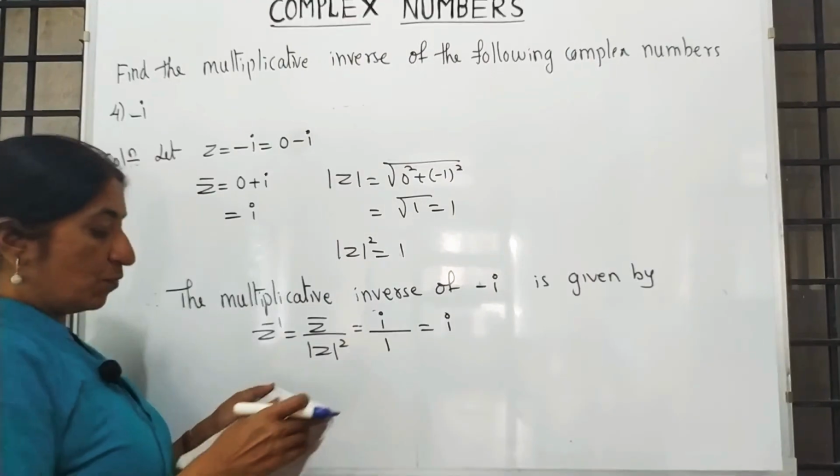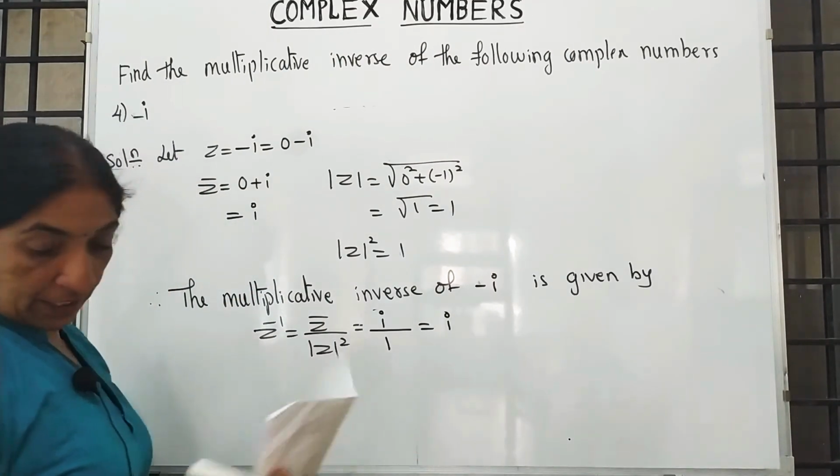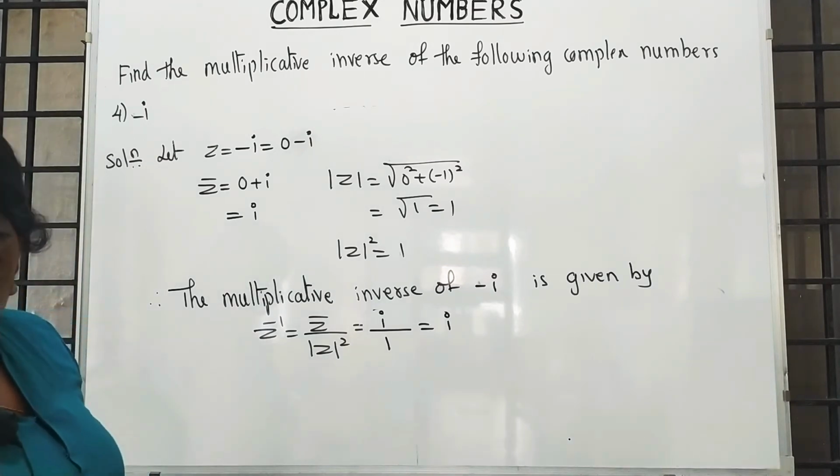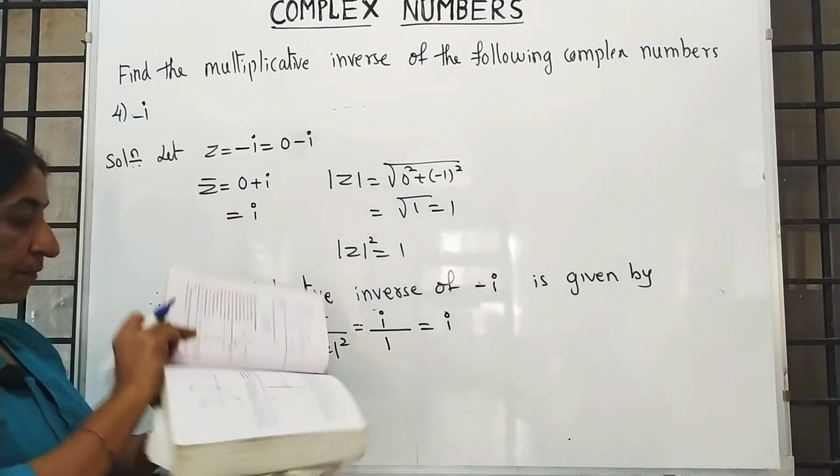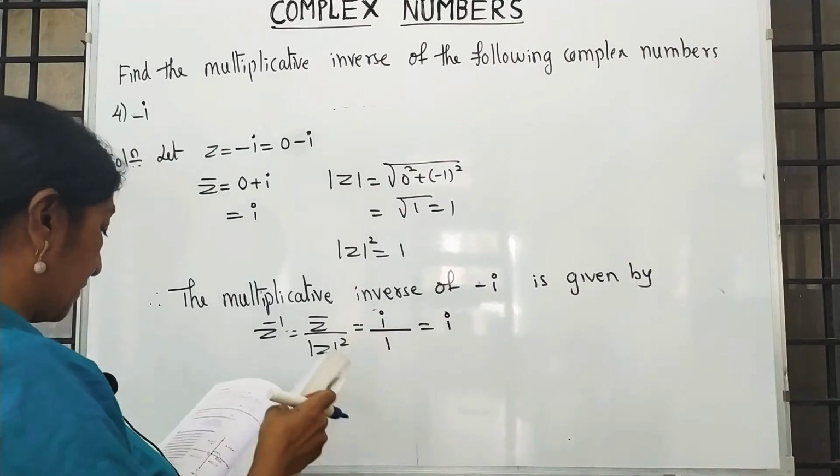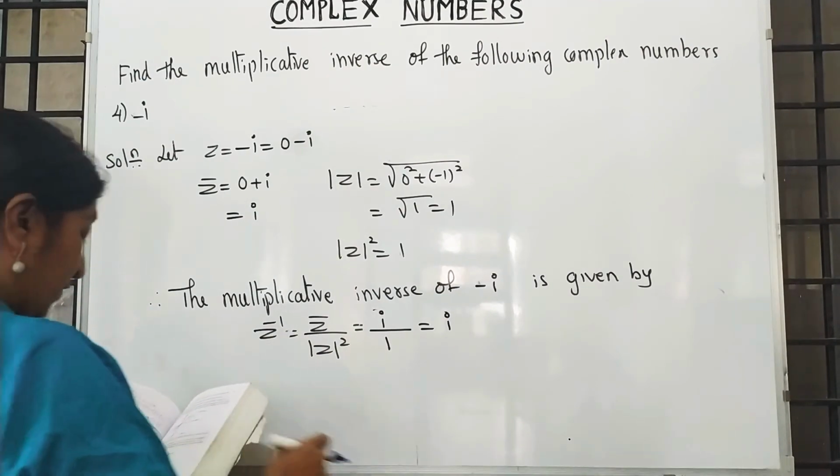Understood? Now moving to the next category of examples, that is express the following in the form of a plus ib.